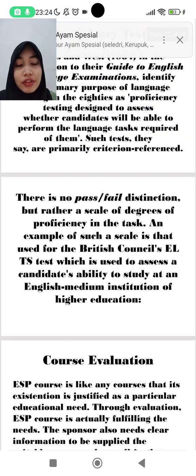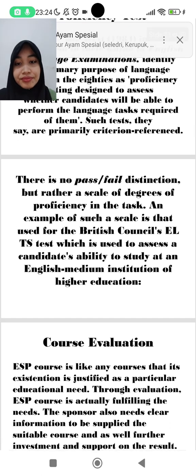There is no pass or fail distinction, but rather a scale of degrees of proficiency in the test. An example of such a scale is that used for the British Council ELTS test, which is used to assess a candidate's ability to study at an English medium institution of higher education.